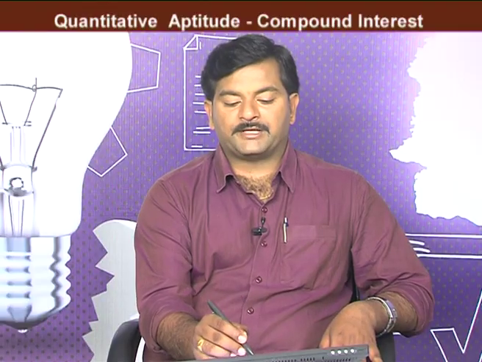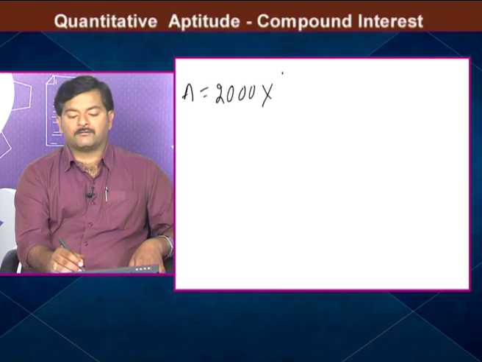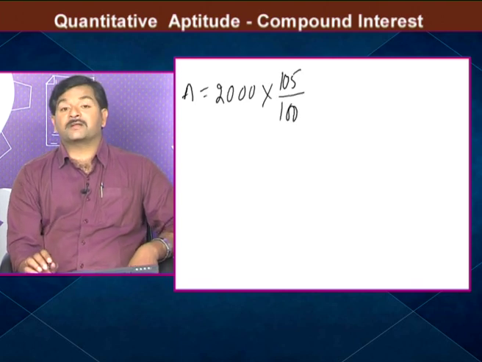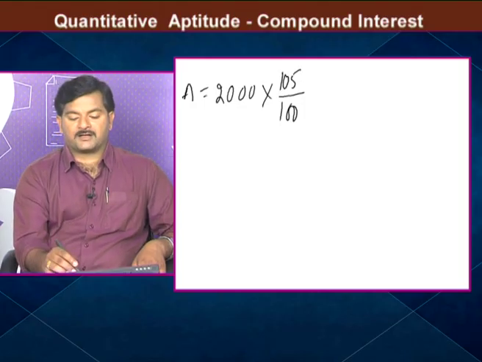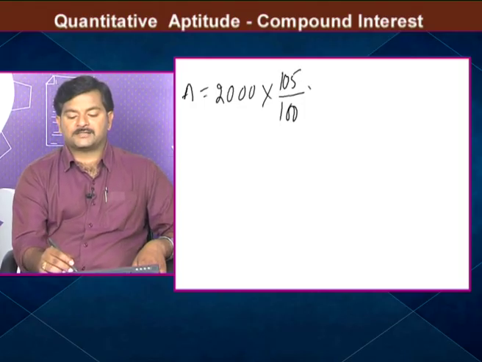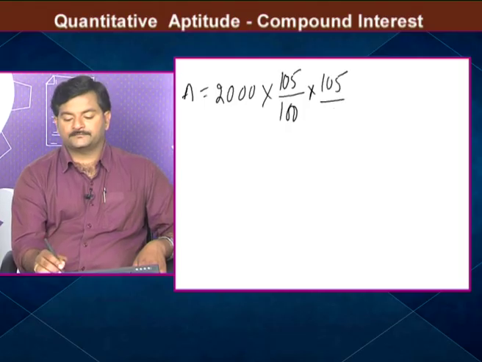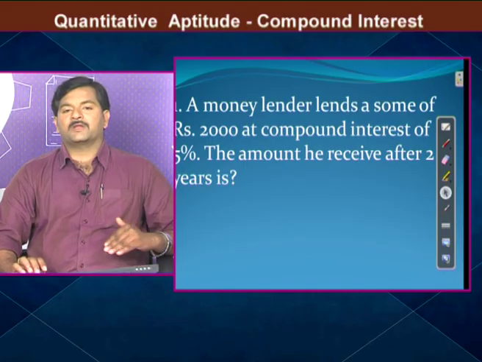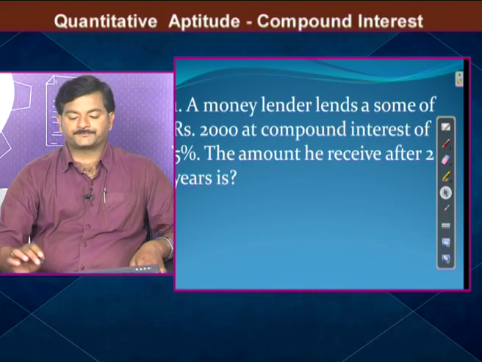So simply here I am getting 105 by 100, or simply 105 percentage. 105 percentage can be written as 105 by 100. Simply this is the amount obtained for 1 year, but he lends the amount for how many years? After 2 years.